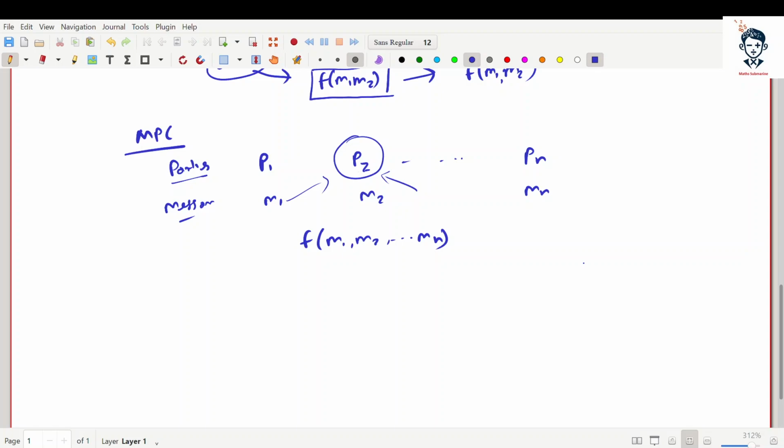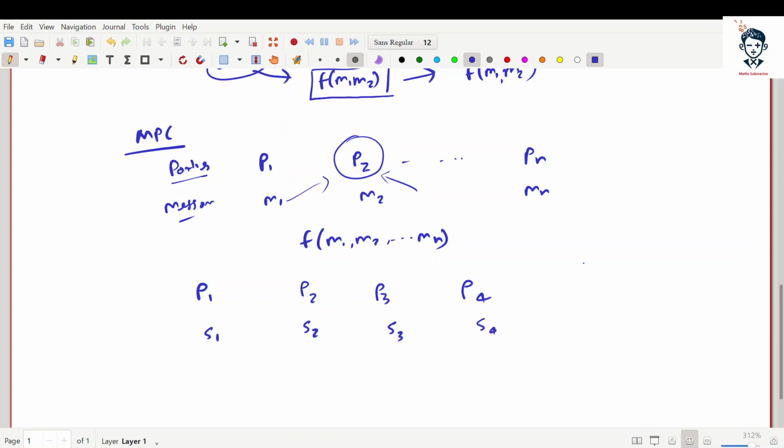So in multi-party computation, what happens? We are going to get this by communicating with each other. Suppose there are four parties, P1, P2, P3, P4. I want to calculate with salary 1, salary 2, salary 3, salary 4.